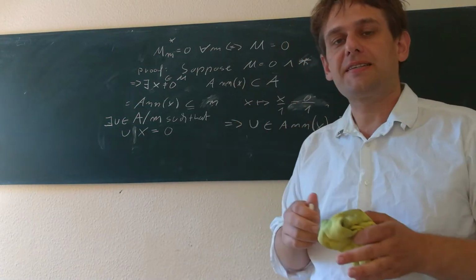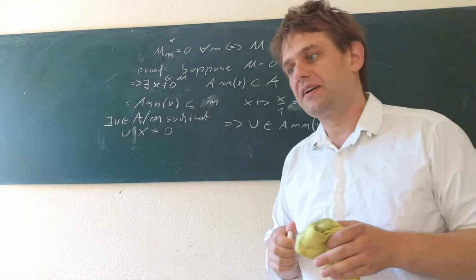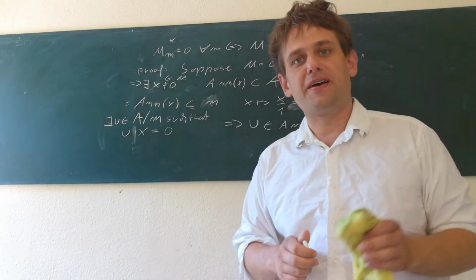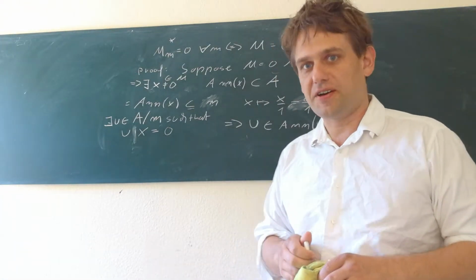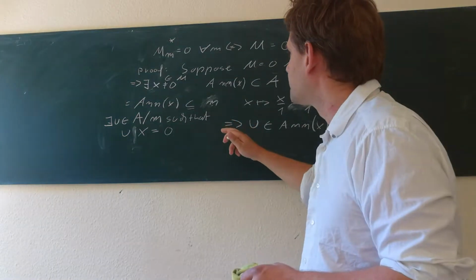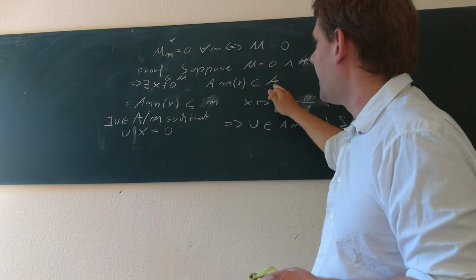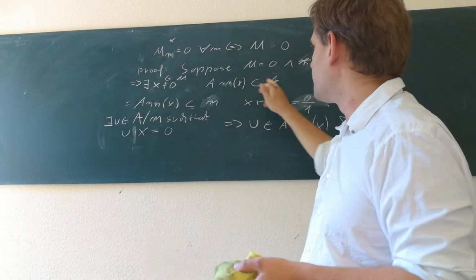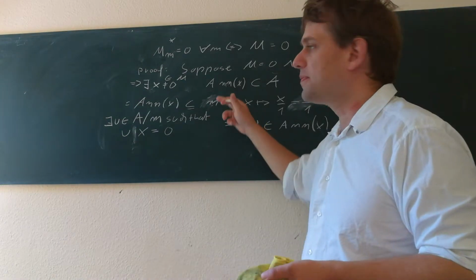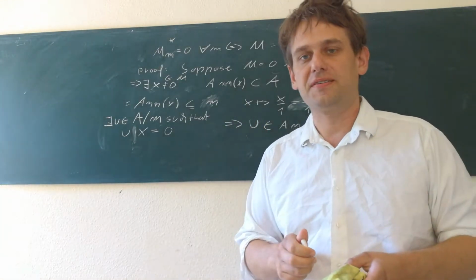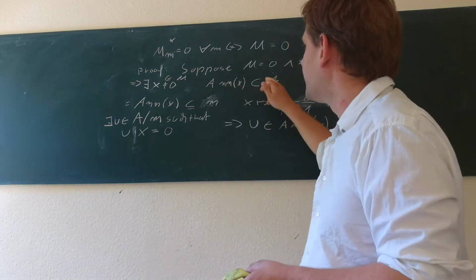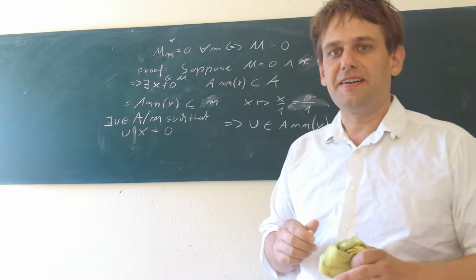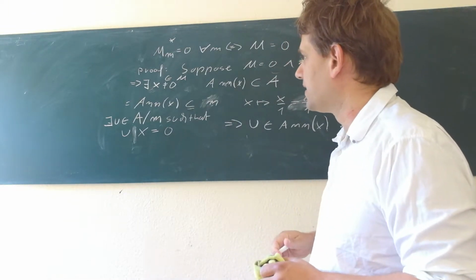And x being unequal to 0 means that the annihilator of x is a proper ideal of your ring A, because after all it cannot be all of A. For instance, if you multiply x by 1, 1 being an element of A, you get x, and x is by assumption not equal to 0, so the annihilator is a proper ideal of A. And now we know that every proper ideal is contained in a maximal ideal.